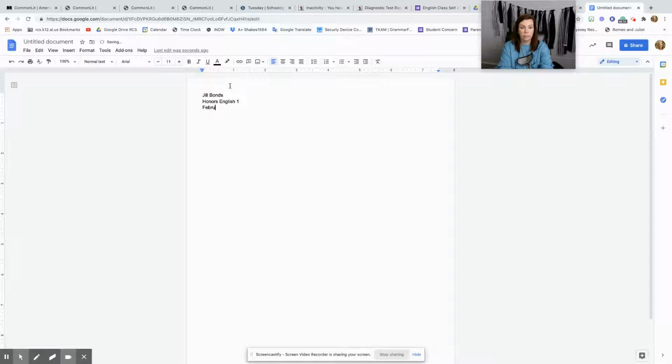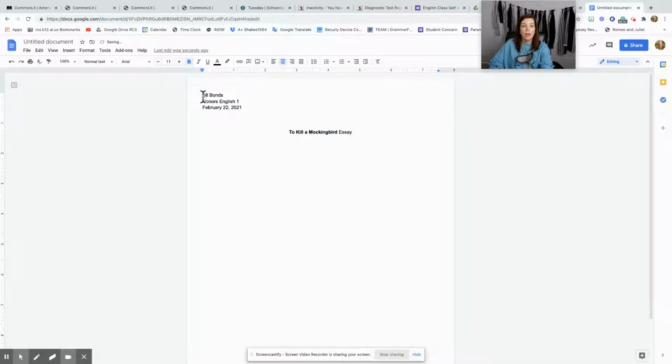And then you're going to include your title. The title is going to be in the center, and this is the To Kill a Mockingbird essay. The title is going to be in bold because it is a book.